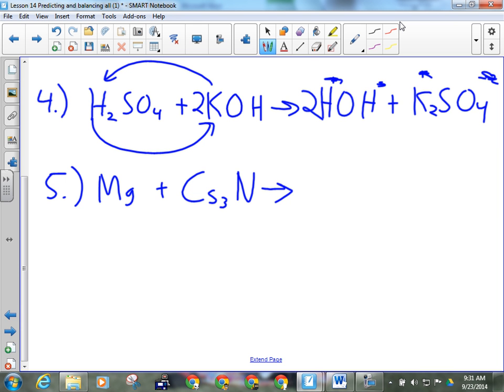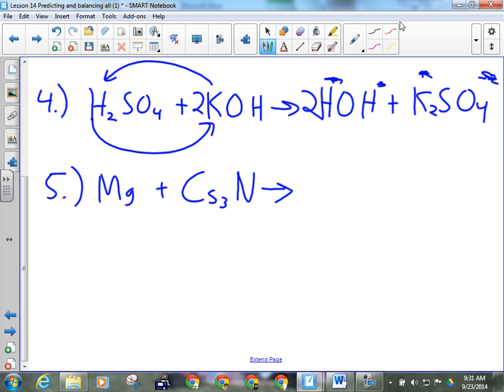In a single replacement reaction, what am I going to get as products in general? I have to get what kind of a compound? An ionic compound and then an element, right? Now, what I need to make sure of is that I switch the right things. Magnesium is a metal, but it's by itself right now. And then I've got this ionic compound that has cesium and nitrogen in it.